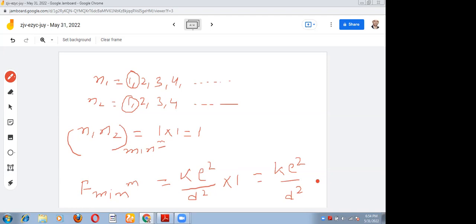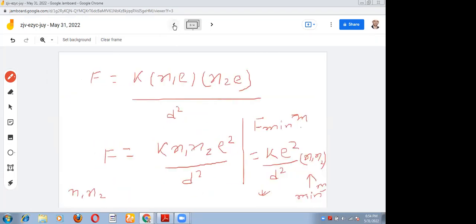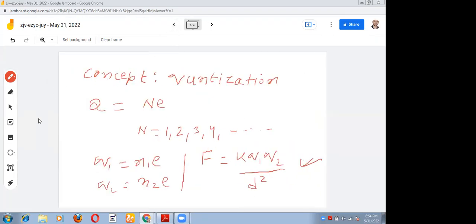So what concept have we applied here? We all know the concept of quantization. We know it, but the matter is how to apply it. We have learned the concept of quantization of charge, that charge is an integral multiple of E. But how to apply it and where to apply it? So here, the concept is quantization of charge.